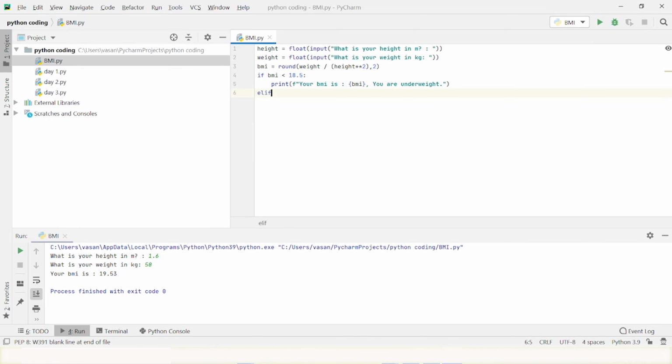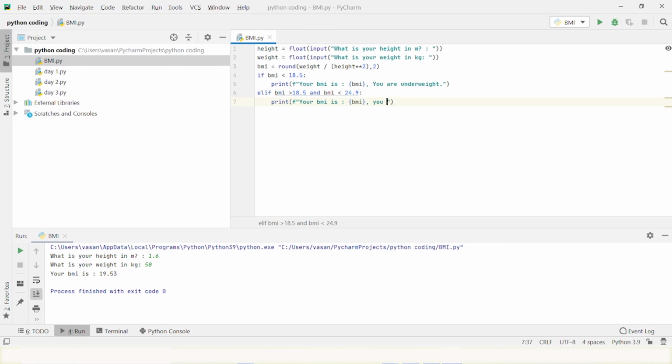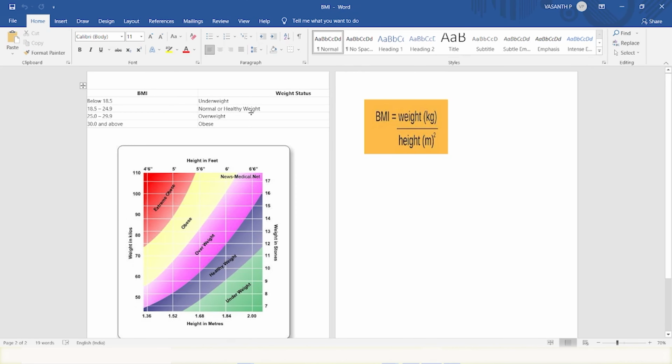Then elif BMI is greater than 18.5 and BMI is less than 24.9, print "Your BMI is", BMI, comma, "you are normal and healthy weight."